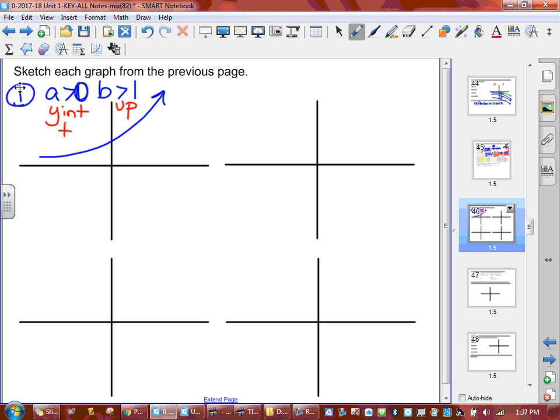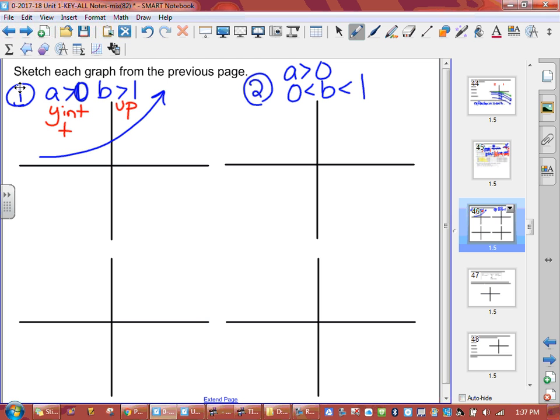We're going to take a look at situation 2. Situation 2 tells us that A is greater than 0, but B is not. B is between 0 and 1. That's what this notation here means. This is between. Okay?